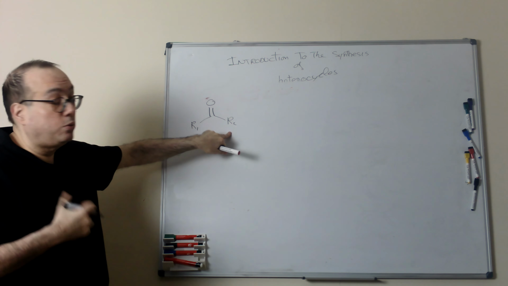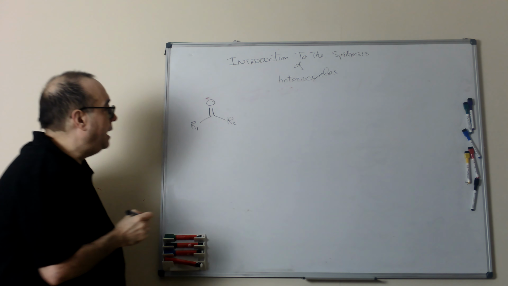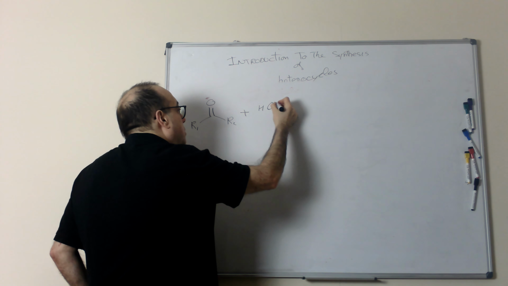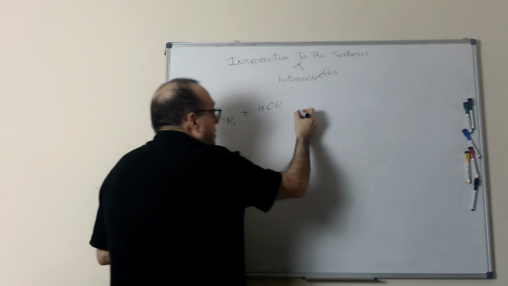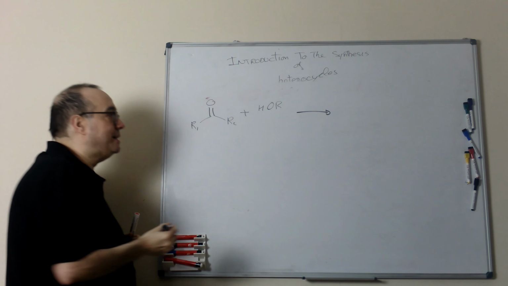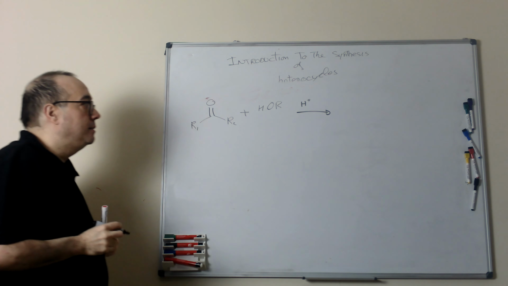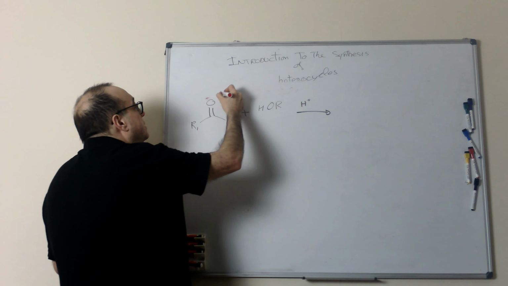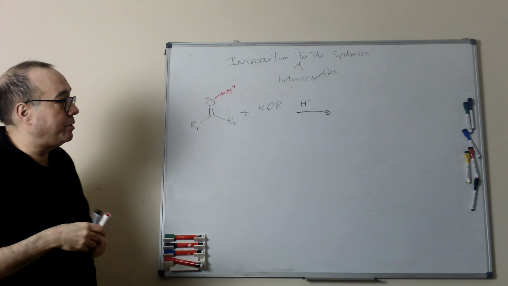R1, R2 could be carbons, could be hydrogen in the case of aldehyde, and we react with an alcohol. Always the reactions to form acetals has to be in acid media. And the first step is always the protonation of the carbonyl group.